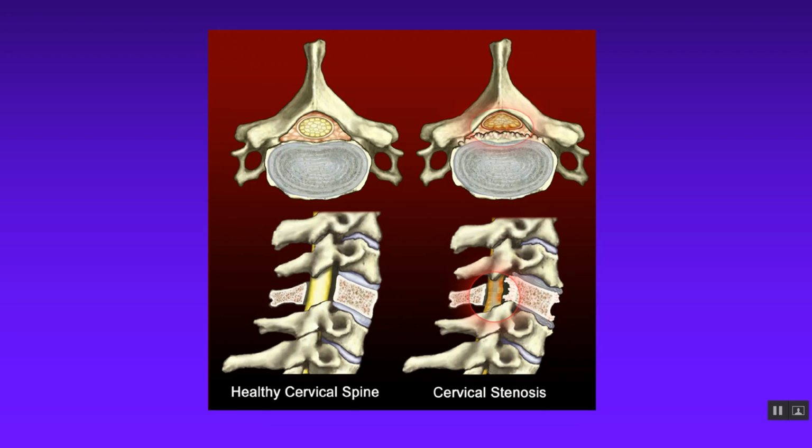This is showing you, again, here's a normal, nice spinal cord. You've got some fat around here protecting it as well. Here's a nice open patent area, but then here's that encroachment. Here's the vertebral body, and disc degeneration is starting to encroach back into the canal. You can see this flattening of the spinal cord.